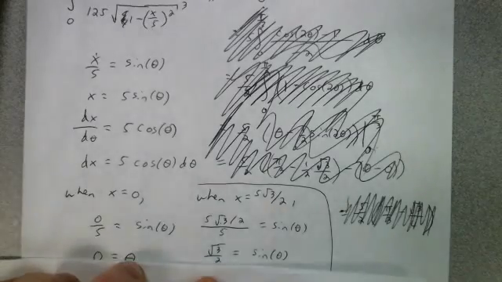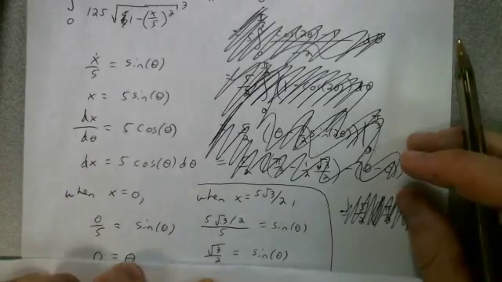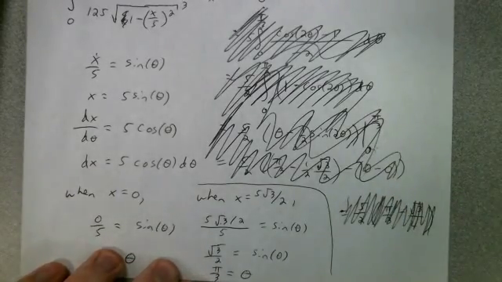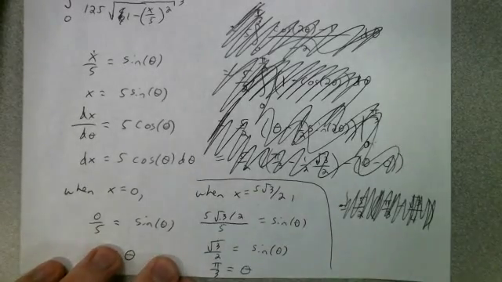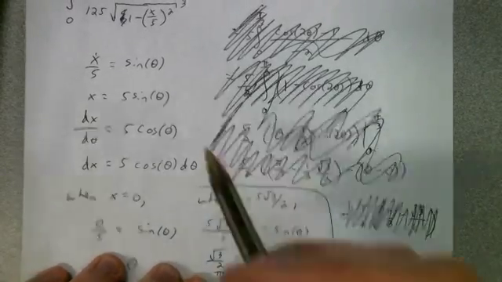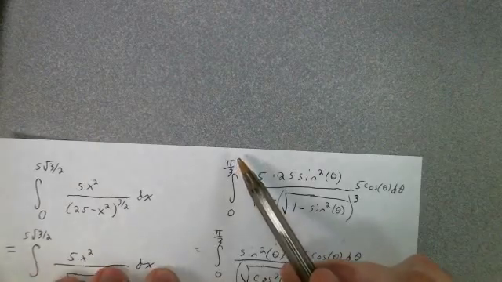So what angle theta has the sine value of root 3 over 2? You will want the angle pi over 3. Remember, we're looking for angles on the interval from negative pi over 2 to pi over 2. So that will become my top bound. The bottom bound is theta equals 0, and the top bound is theta equals pi over 3.